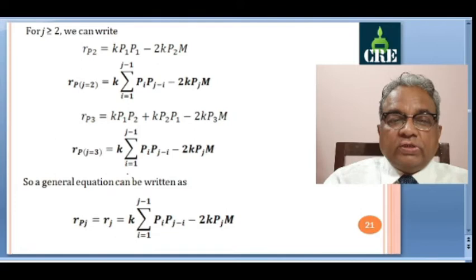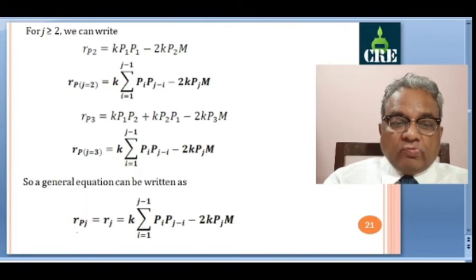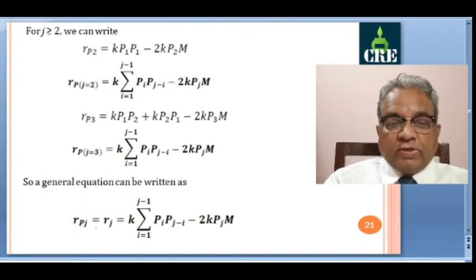and you can go on writing for j equal to 4, 5 and so on, and it can be generalized as Rpj is equal to Rj, that is nothing but R1 is equal to Rp1, R2 is equal to Rp2, all rates of formation that you know. So Rj can be written as k into summation i equal to 1 to j minus 1 Pi into Pj minus i, minus 2k Pj m.